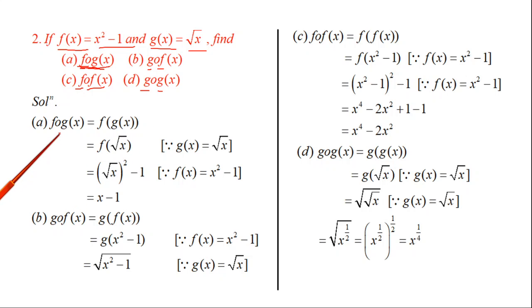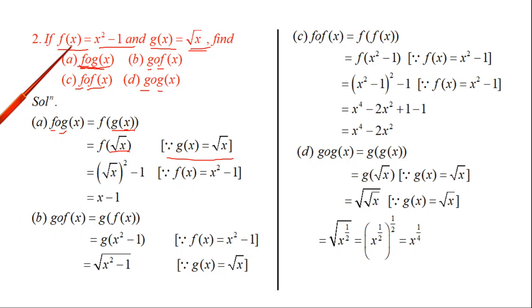So here g composite f of x means f of g of x. Now by the definition of g of x, this is equal to square root x. So here we got square root x. Then we have f of root x. So let's see how f is defined.